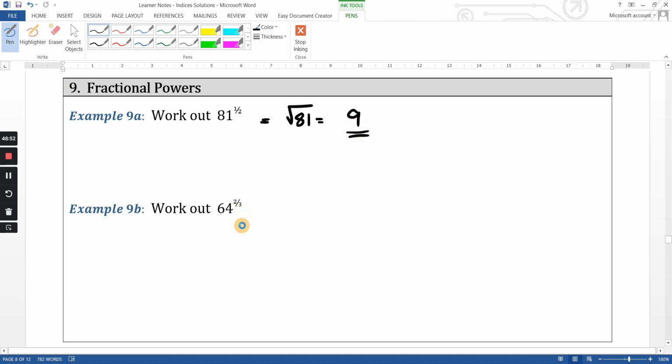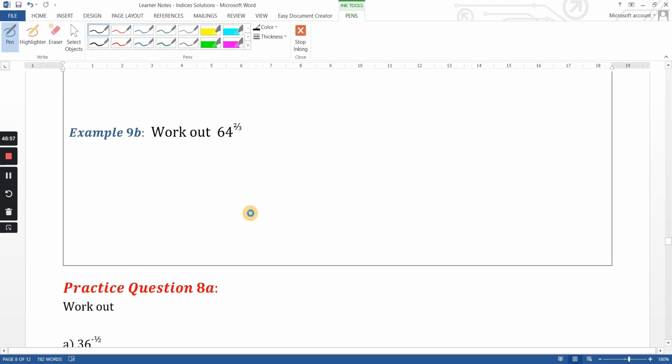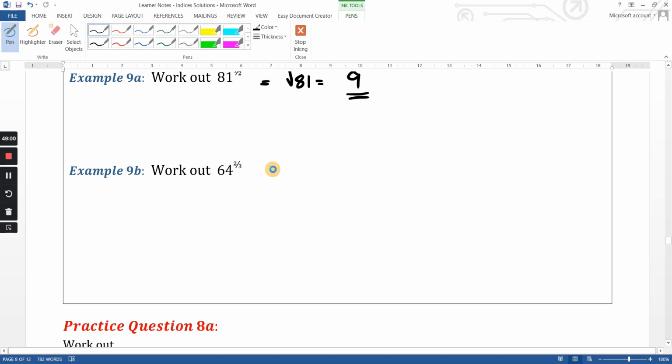And work out, right, so this is a tricky one. This is where we've got one of those tricky fractions which I was just mentioning. The way to do these is you split the fraction. This is the same as, let's put 64 in brackets, power 2/3.